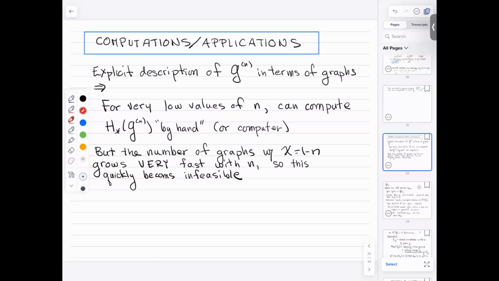So for very low values of n, you can actually just compute the homology of these graph complexes by hand. Or by hand usually means by computer. But anybody that knows anything about graphs knows the number of graphs with a given Euler characteristic grows really, really fast. So this becomes infeasible.